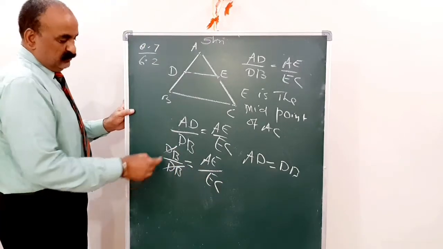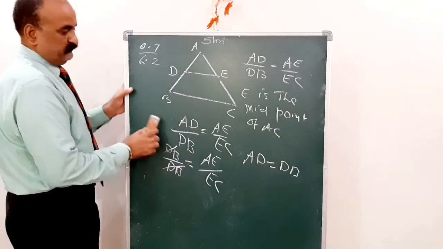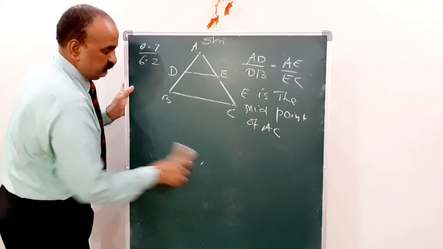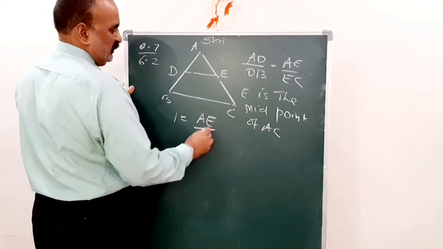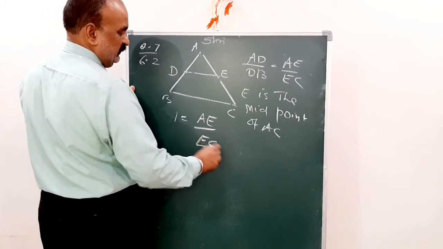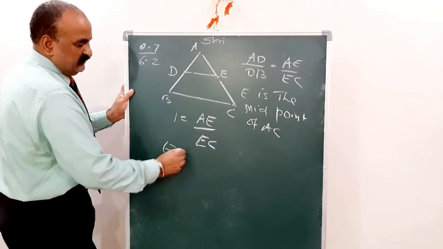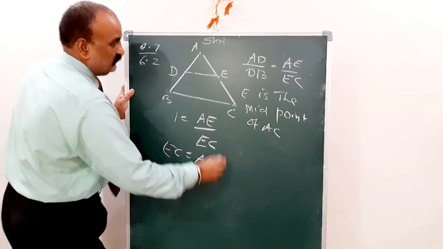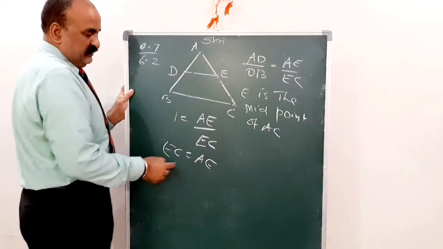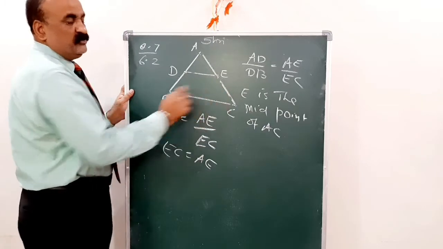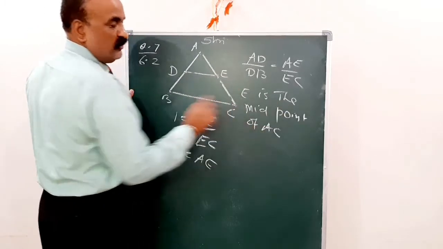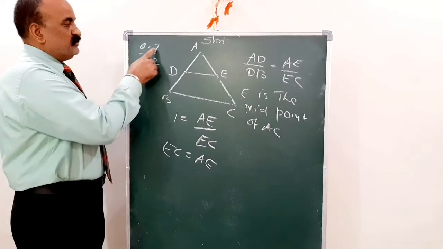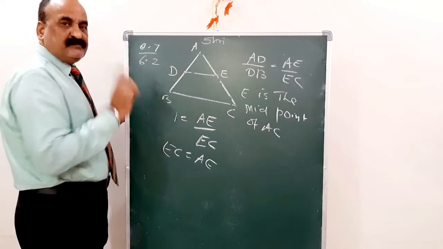DB cancels, so 1 is equal to AE upon EC. Therefore you can say EC is equal to AE. If EC is equal to AE, it means E is the midpoint of AC. This you wanted to prove. This is question number 7 of exercise 6.2.